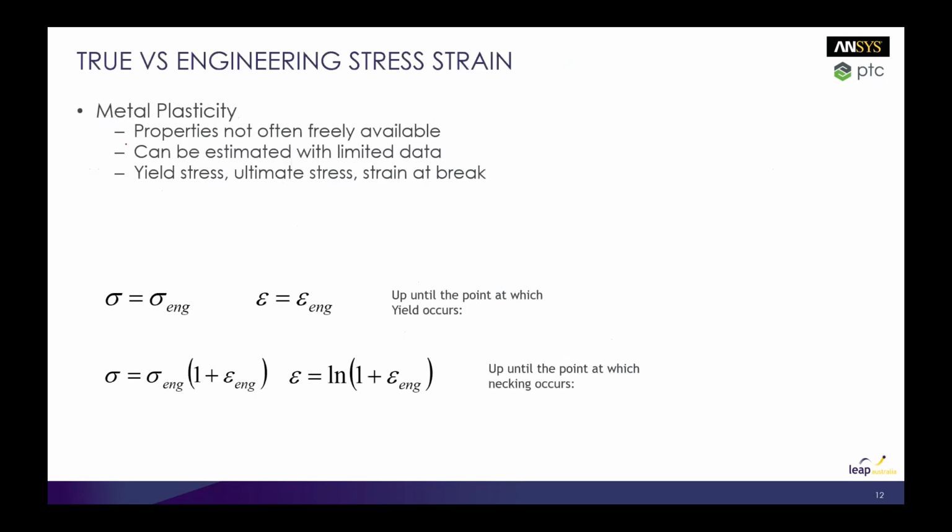When we're putting in plastic or non-linear material properties, we have to use what's called true stress and true strain. When you have a tensile test, a typical graph will look something like this. What does this graph say?